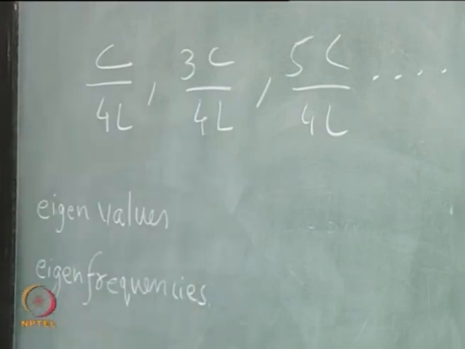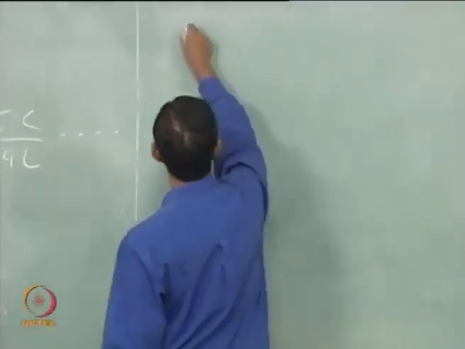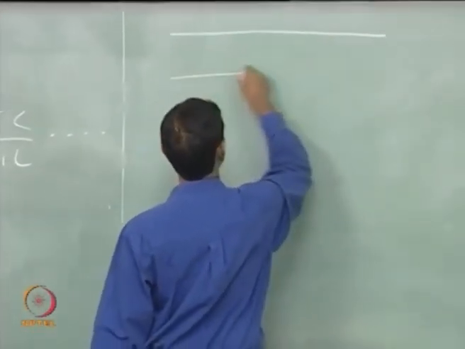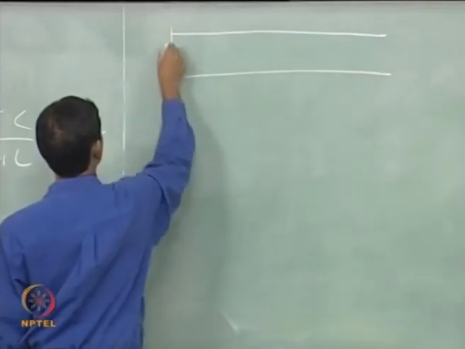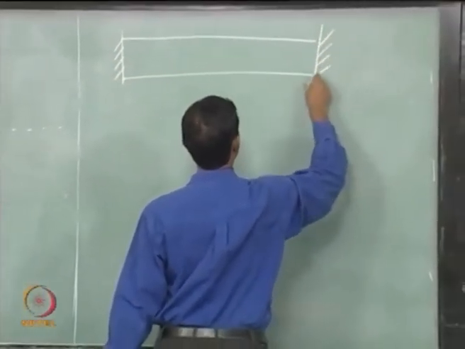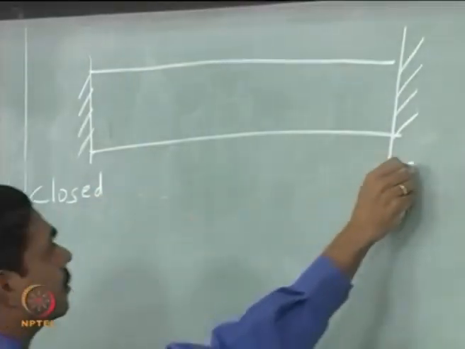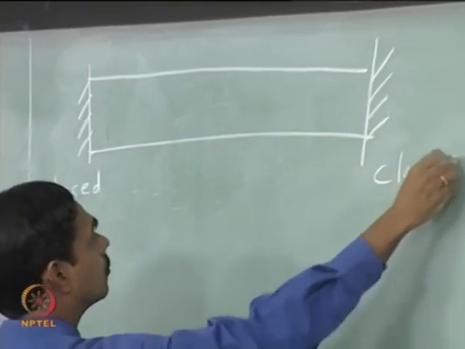Now let us consider a tube which is closed at both ends, closed and closed.